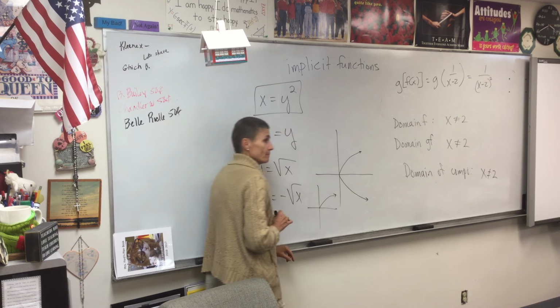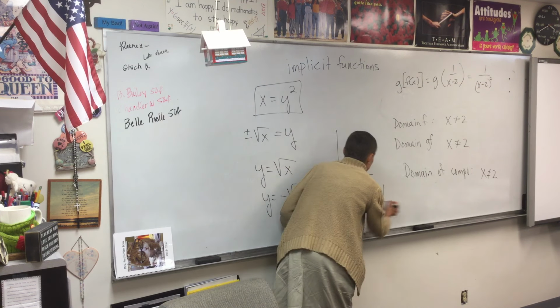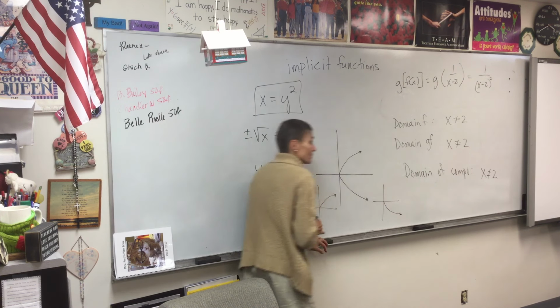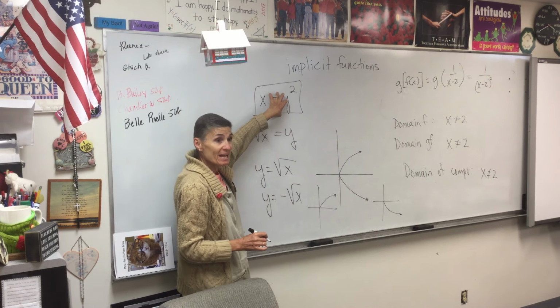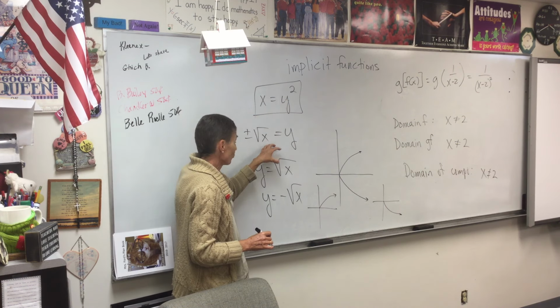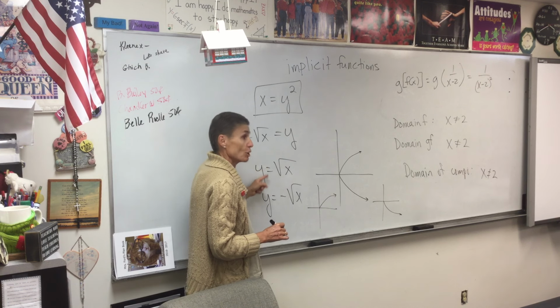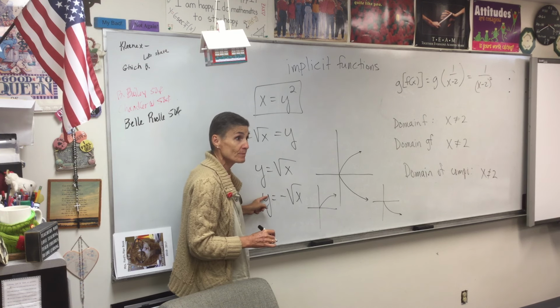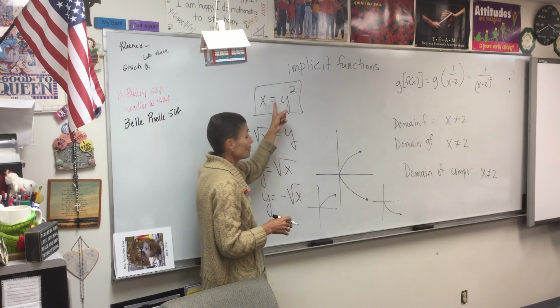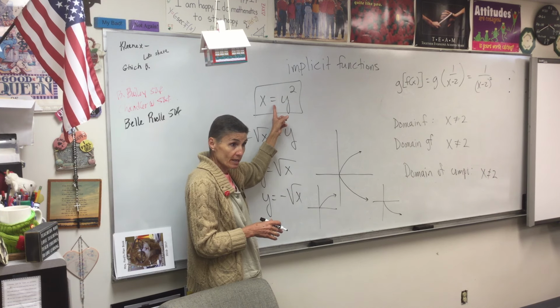Is that a function? Is this a function? So you took the big thing and broke it down into two equations, each of which is a function, and when you put them together, you got your original thing.